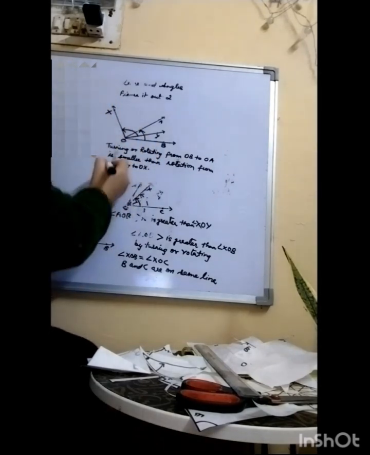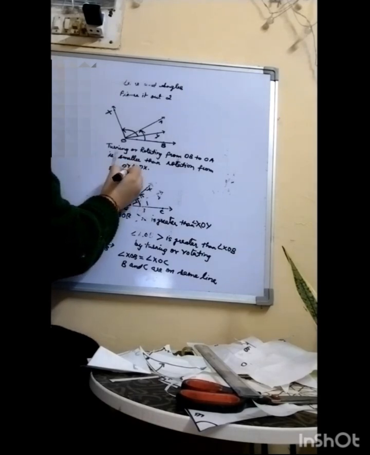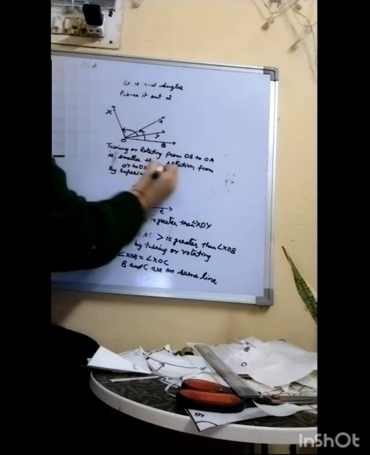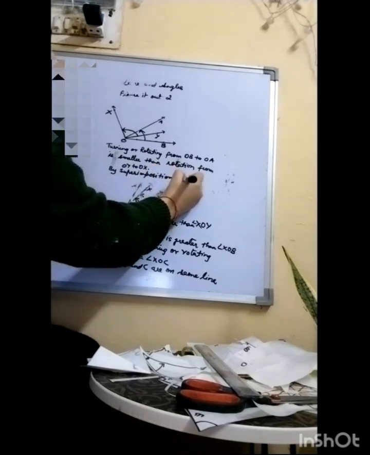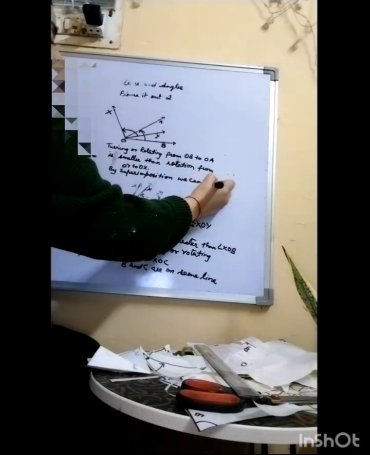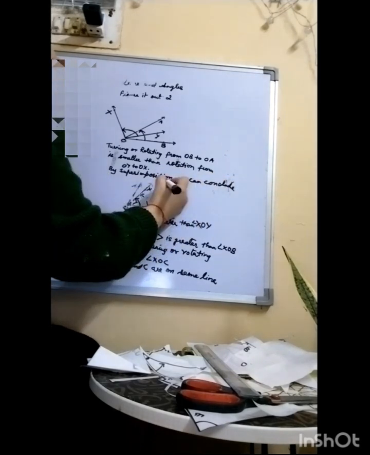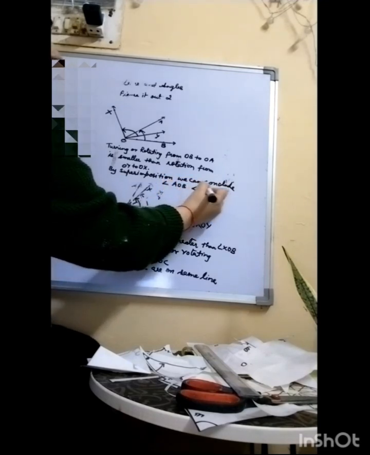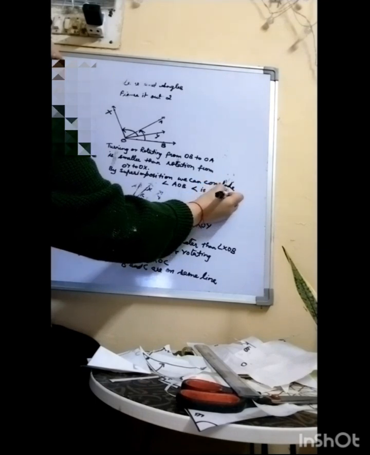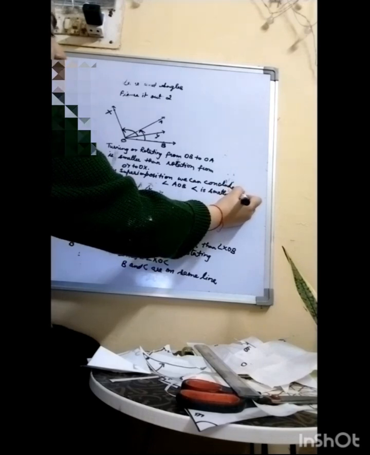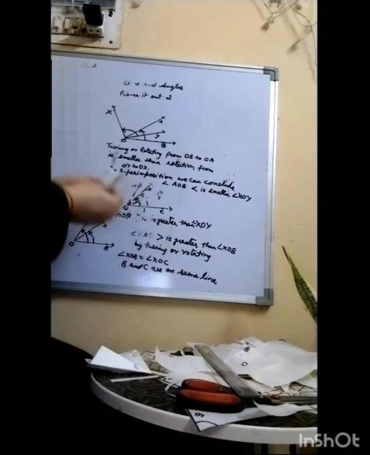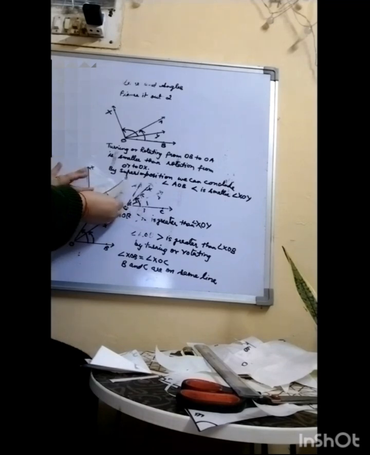Okay, and by superimposition we can conclude angle AOB is smaller than angle XOY, and this paper sheet you can paste beside this to show it.